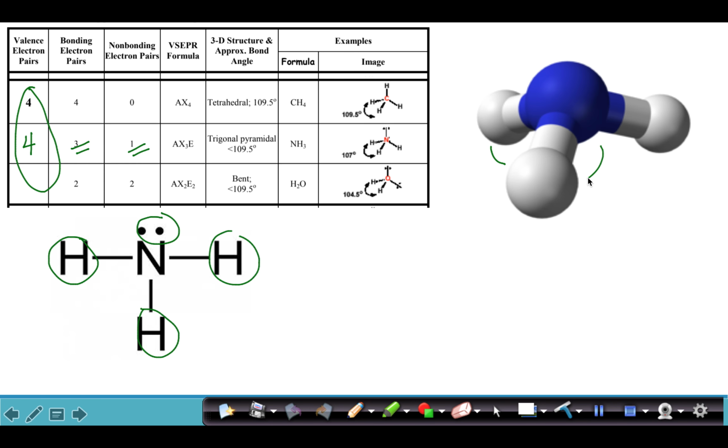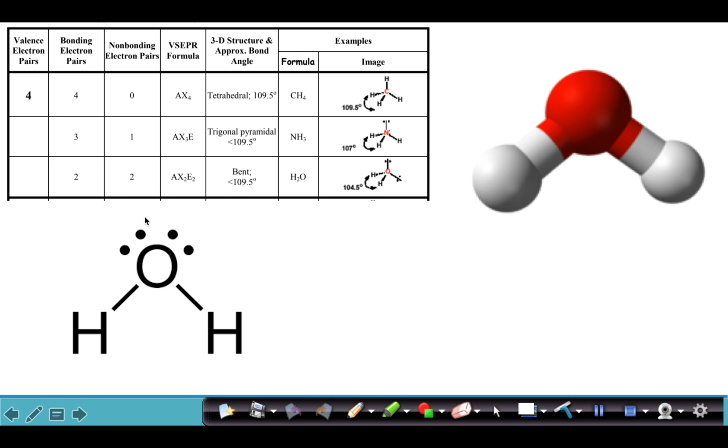And these bond angles between here and the one in the back that you can't see are now going to be less than 109.5 because the lone pair up here, what I like to call my lone pair hat, actually takes up more space and pushes the atoms down closer together. But again, count the atoms bonded on the central atom, add the lone pairs, that gives you the main number, and then because one of them is a lone pair, it's the second one here, which is trigonal pyramidal.